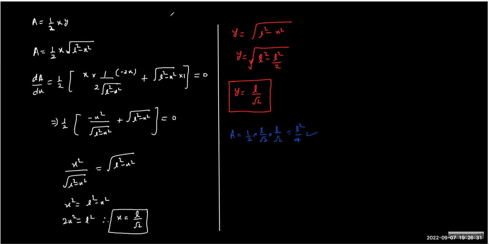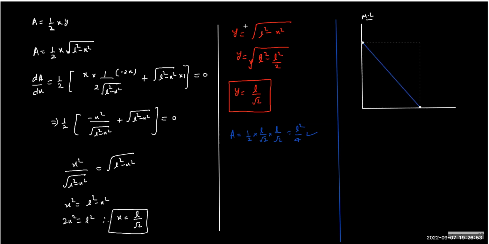How could we have done this in a much easier way? So this is a ladder. If I say this angle is theta and this is L, what is the base?